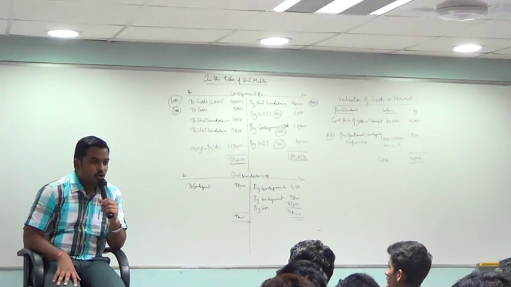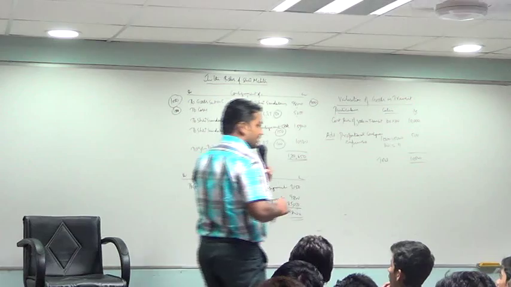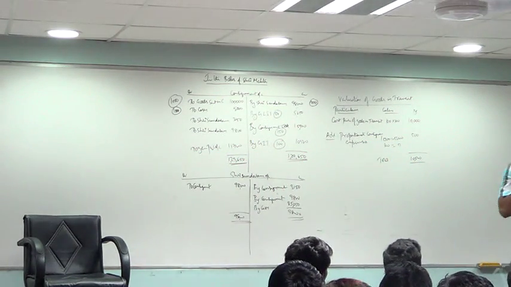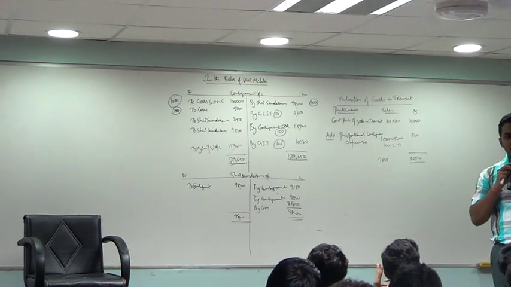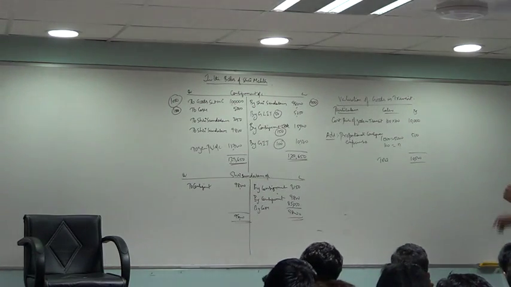Now let us discuss a few more concepts also. I think we discussed how many concepts till now? 4. Which ones did we discuss? Going concern, cost concept, money measurement concept. Let us discuss some more concepts.